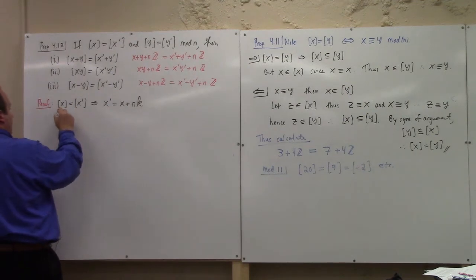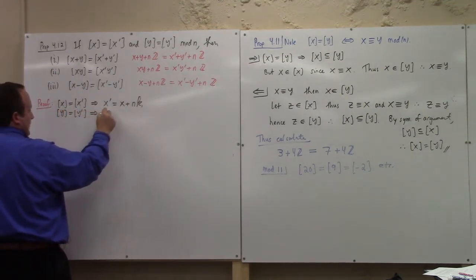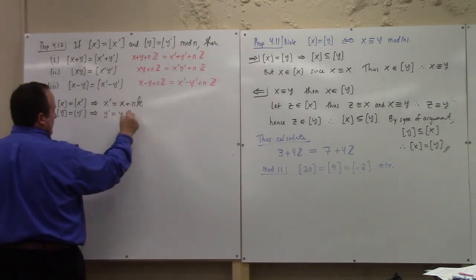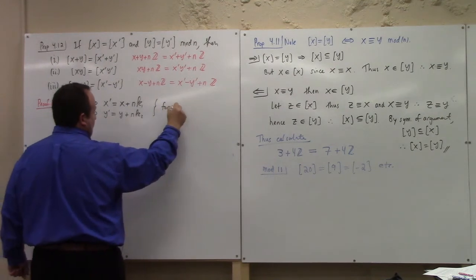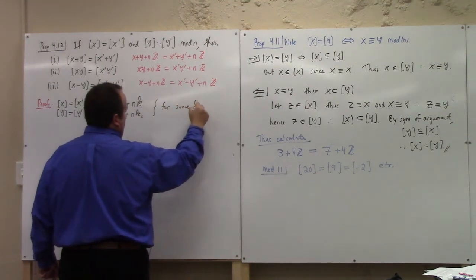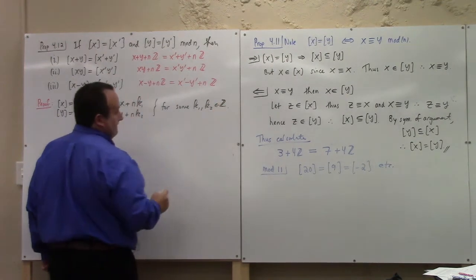And [y] equal to [y'] implies that y' is equal to y plus nk2, right? For some k1 and k2 in the integers.